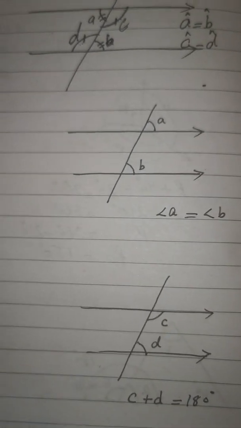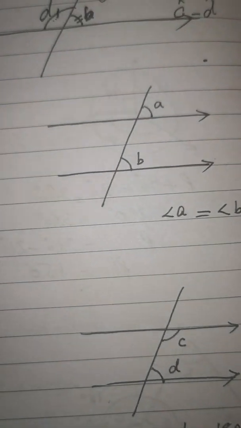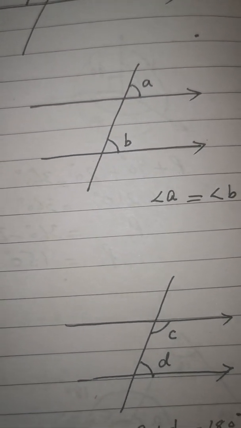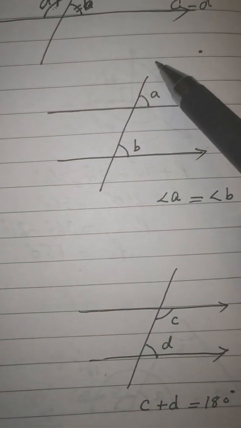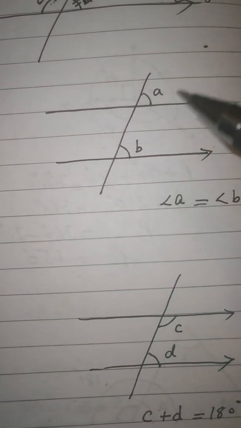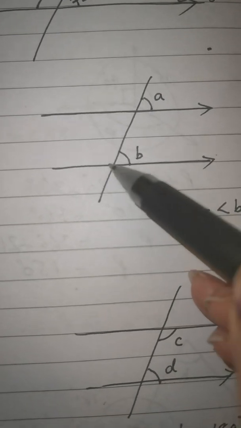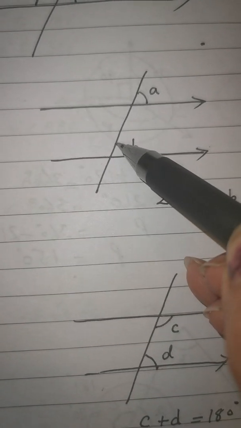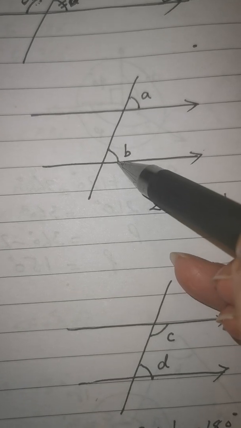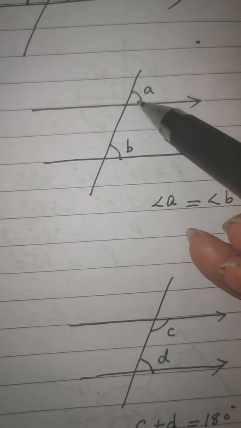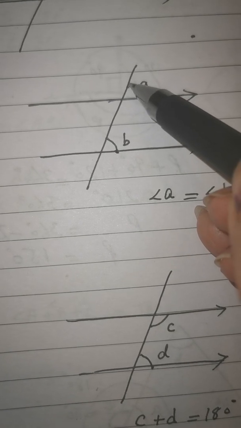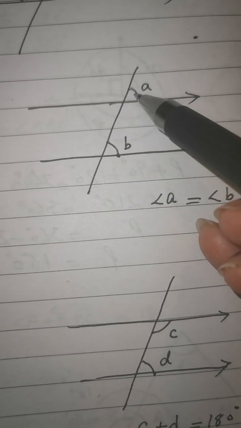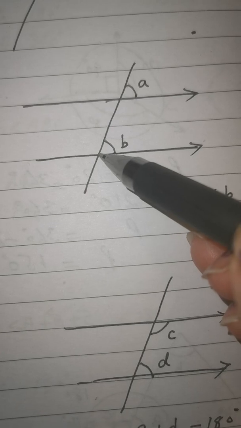Now what are the corresponding angles? Corresponding angles: when two parallel lines, this one and this one, are cut by the transversal, then the angle made by the first parallel line with the transversal, and the angle in the same side and same position of the other parallel line with the same transversal, are the same angle in the same position.